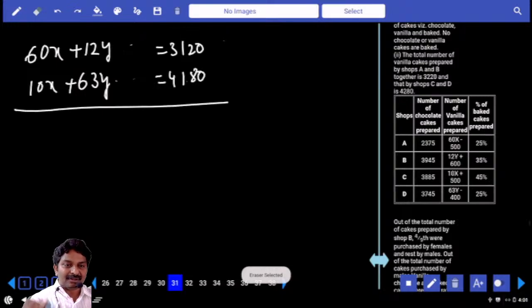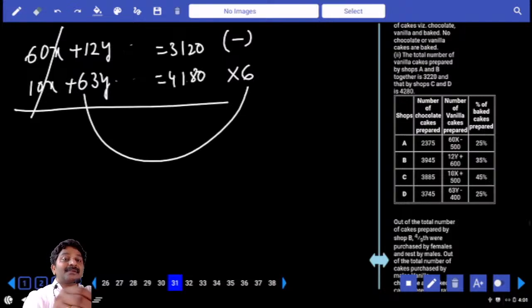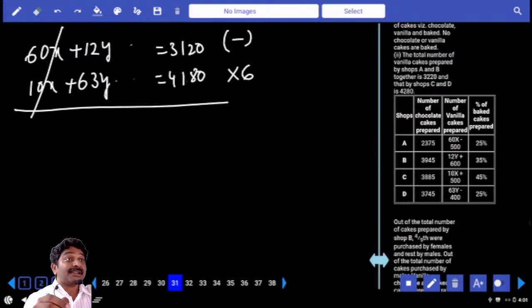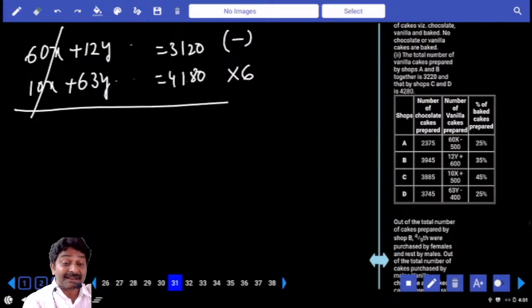Now we need to solve the equations. Multiply the second equation with 6 and subtract the first equation from it. 60x gets cancelled. 60 into 6? 360. 3 into 6, 18. 360 plus 18, 378, minus 12, 366y is equal to.